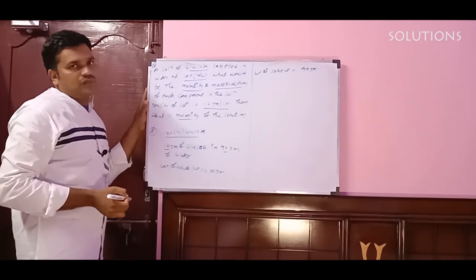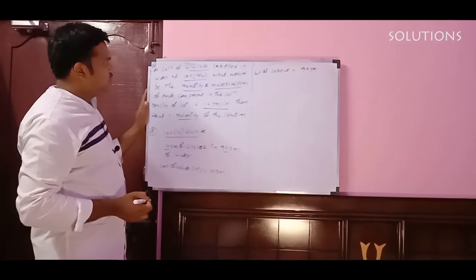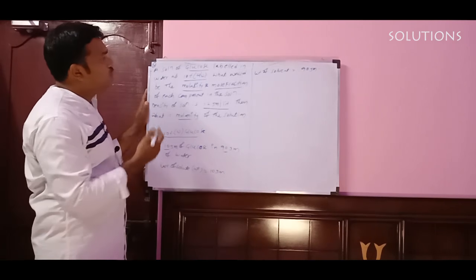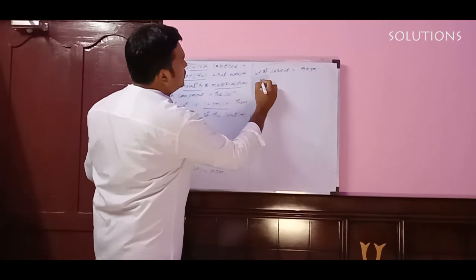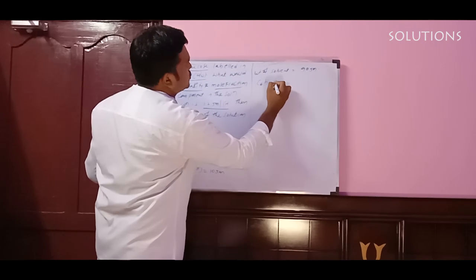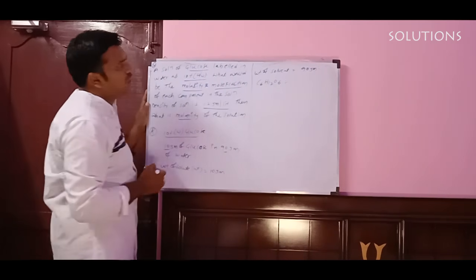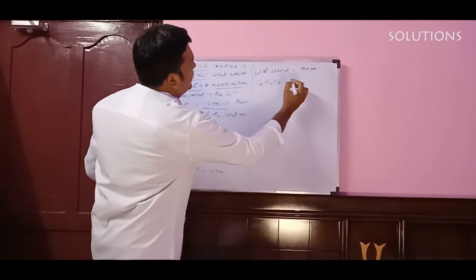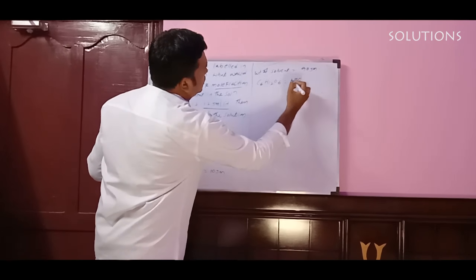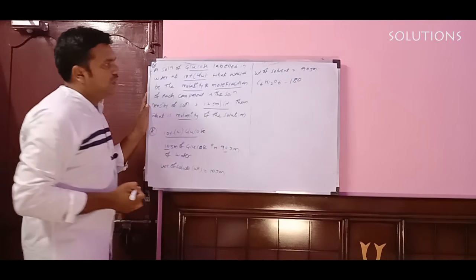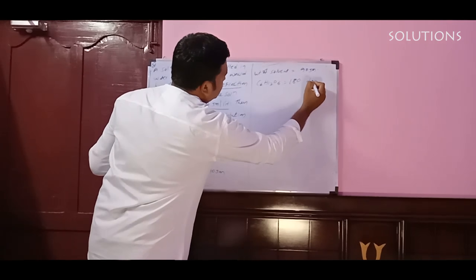Clear? The formula of glucose is C6H12O6, and its molecular weight is 180. One more piece of information is given in the problem, that is density.